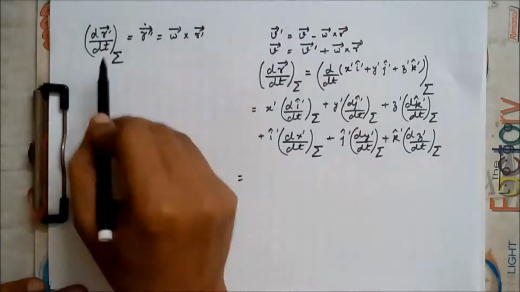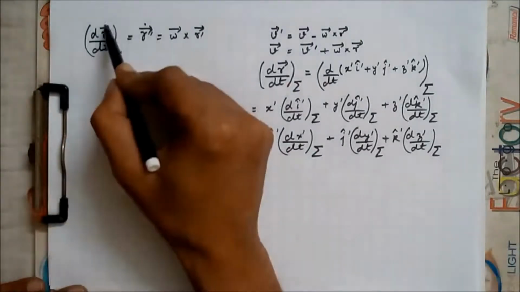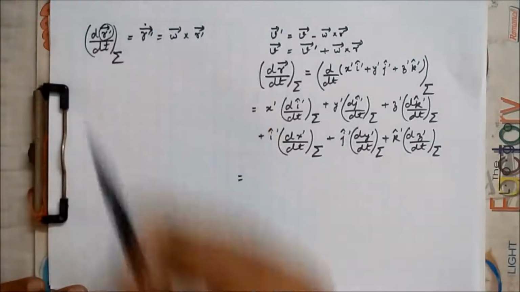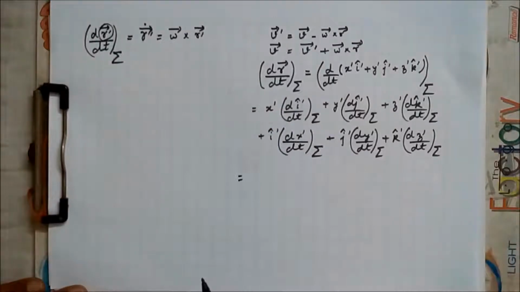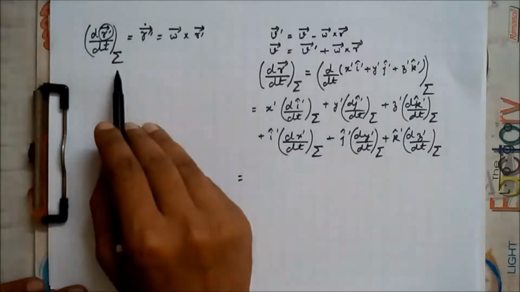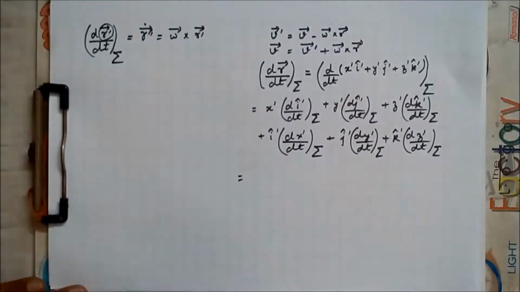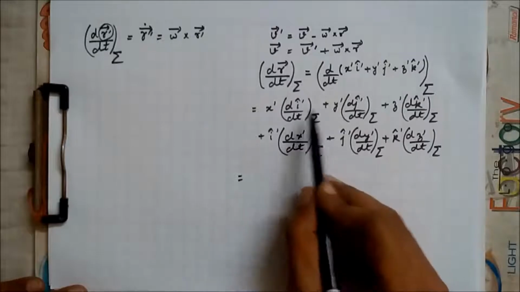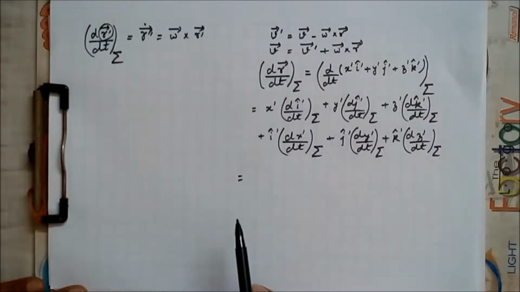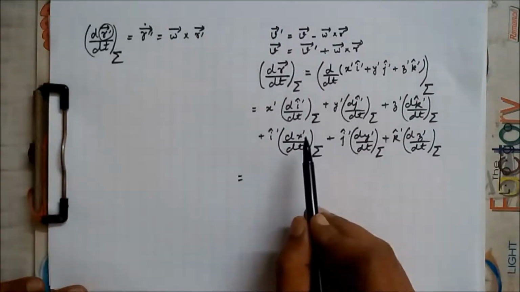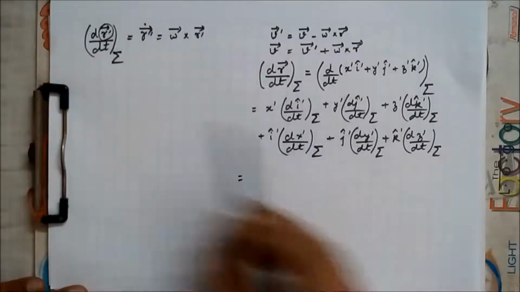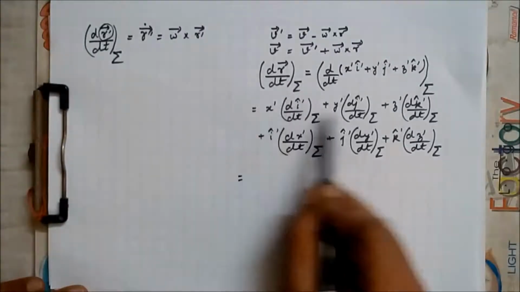So in this formula we just have to remember that r primed vector is a vector that is constant or stationary as seen from the primed frame of reference, and as seen from the unprimed frame of reference it seems to move with angular velocity omega, that is the angular velocity of the primed reference frame. So because i primed, j primed and k primed are all constant as seen from the primed frame of reference, this formula holds for these vectors.